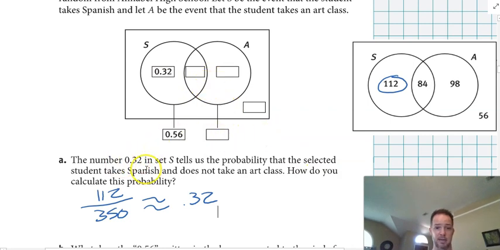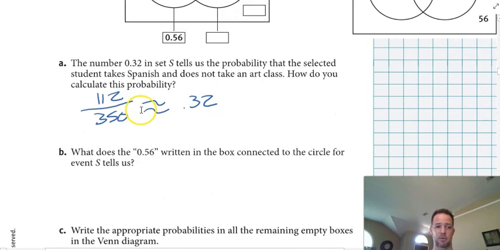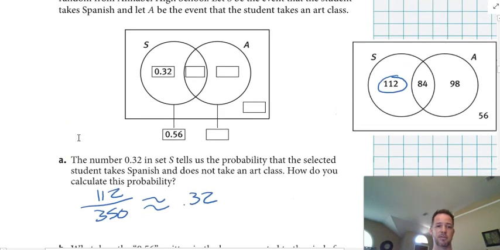How do we calculate that probability? Oh, that's what we got, 112 out of 350. So the part that represents that event happening over the total number of events in the sample space. So B says, what does the 0.56 represent? Well, notice the 0.56 here is outside of the sample space because it includes more than one region on this Venn diagram.